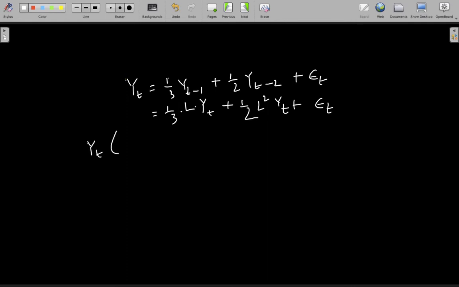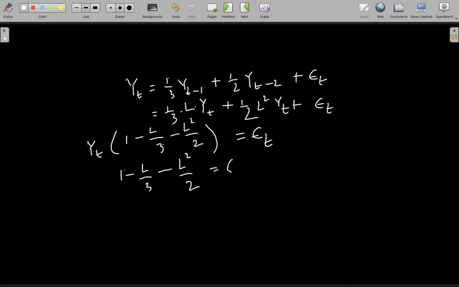Yt times (1 minus L by 3 minus L square by 2) is equal to epsilon t, right? And then we actually said that this value, 1 minus L by 3 minus L square by 2, is set to 0.